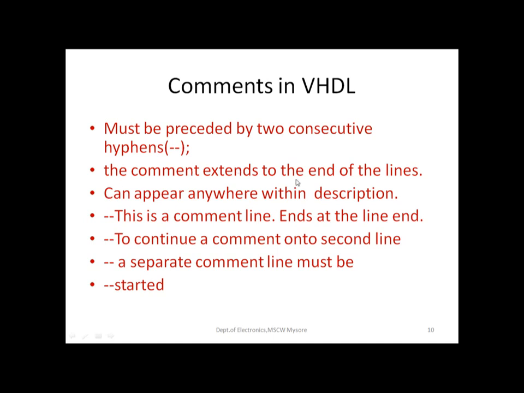The comment extends to the end of the line and can appear anywhere within the description. And here you see in your program, the line begins with 2 characters. It means that here the comment begins.